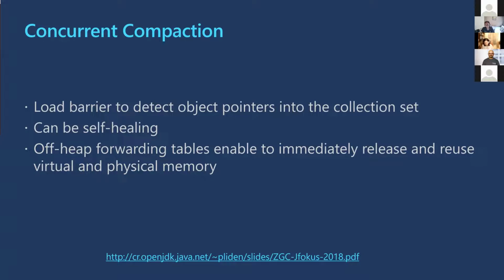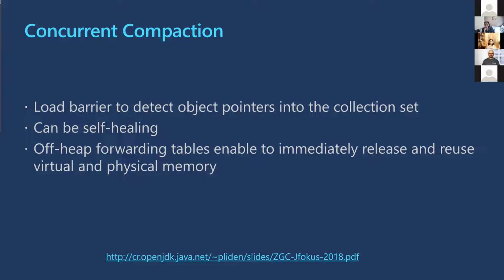Then Shenandoah changed it to utilizing the header, so the from header gets changed into the to header address. What is interesting with ZGC is that all the forwarding information is off heap. So you don't need to update the header per object. You can just look at the forwarding table off heap and say, oh okay, that's where I have to go.